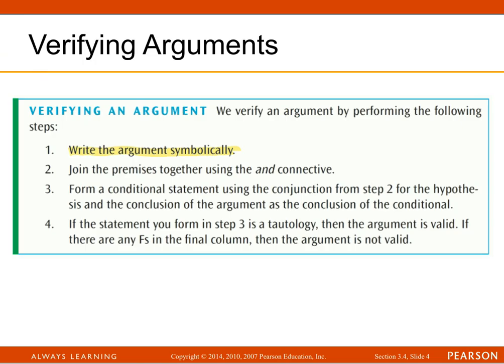And I will use P's and Q's for the statements so that it'll match the worksheet, the handout that has P's and Q's. And then the second thing says, join the premises together using the and connective. Make sure you use the and.